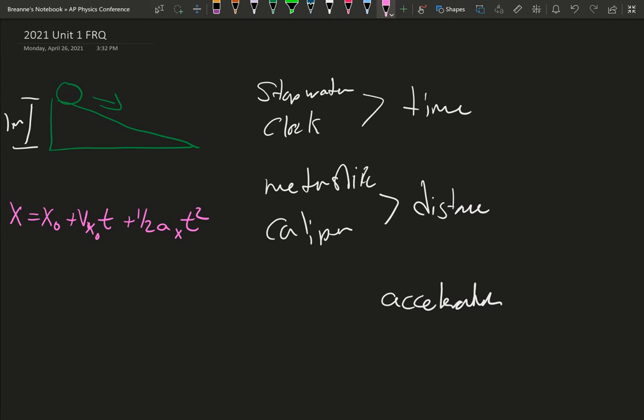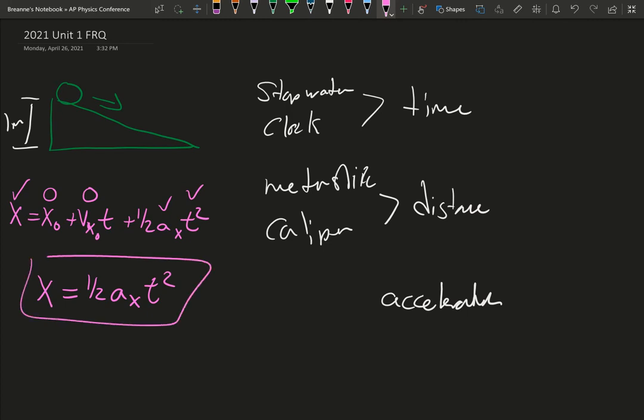So x can stay because that's dealing with distance. Our x naught is just going to be 0 because it hasn't moved yet. Our v naught, again, is just going to be 0. And we need acceleration and we need time. So our equation ends up being x equals 1/2 a_x t squared. So that's going to end up being our equation.